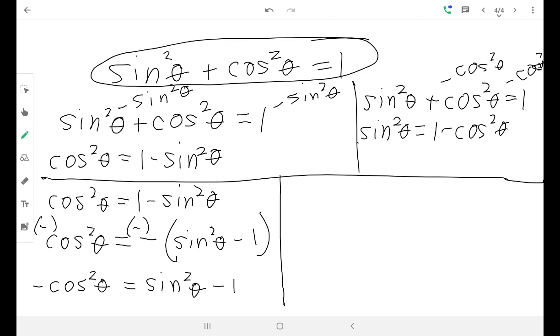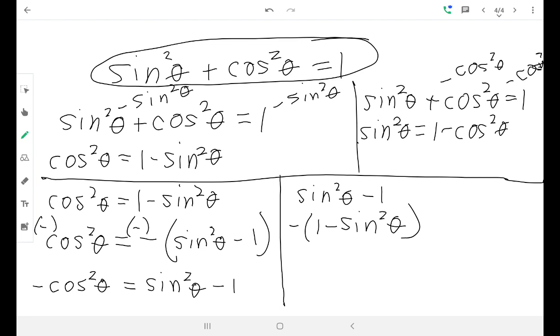So what that allows you to do is to look at sine squared theta minus 1 and say, oh, well, if I factor a negative out of that, then the -1 becomes positive, so I get +1. The positive sine squared theta becomes negative, so I get minus sine squared theta.